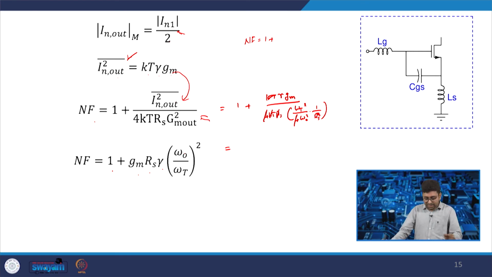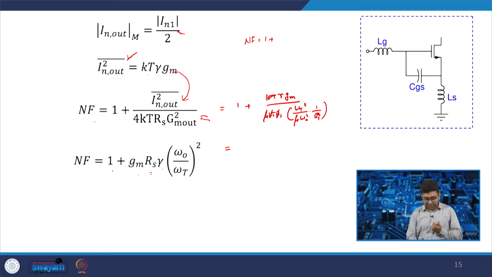In this case, this noise figure equation is directly related to the noise generated by the source resistance Rs, so this is not in your hand, and to the transconductance Gm, that is an inherent noise of the MOSFET. This is a process dependent parameter, and omega naught by omega t.